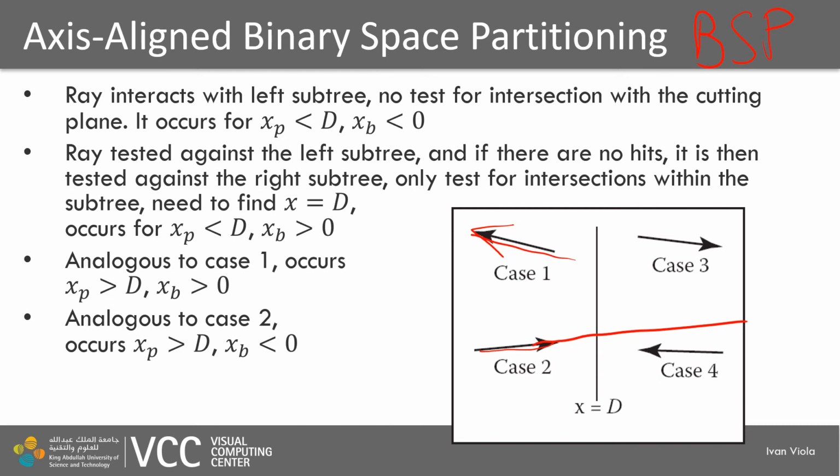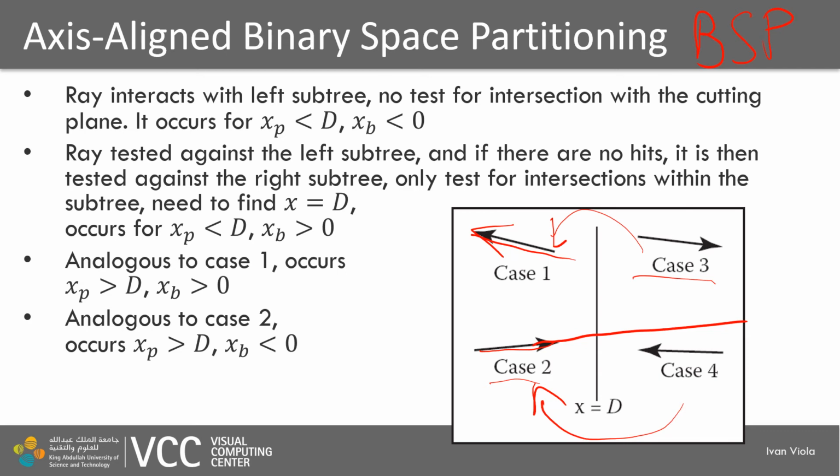And therefore, we would need to check for intersections in both subspaces for case 2. Case 3 is analogous to the other case already explained, and case 4 is analogous to case 2. It's just from the right child, so to say.